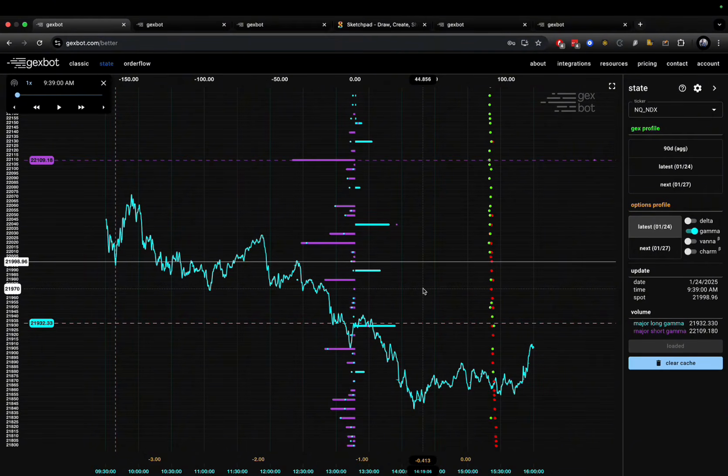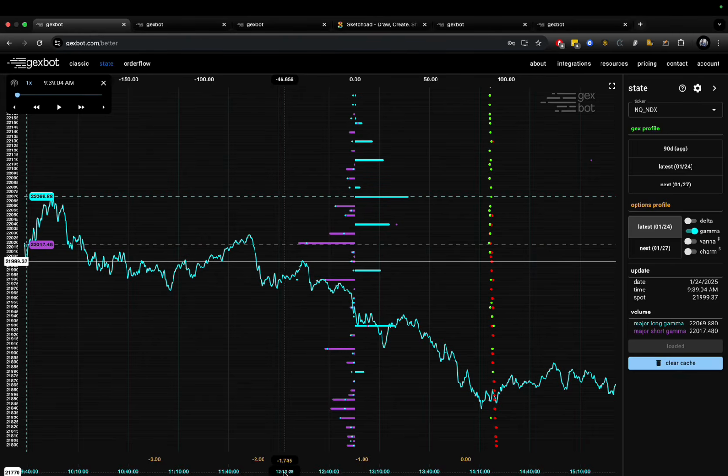So we know there are these levels where institutions came with excess of volume, and they affect the system, and these levels tend to work as support or resistance levels. So here we saw how the price tried to come here, and it worked as a support, and actually it was rejected, and it started to trade up.